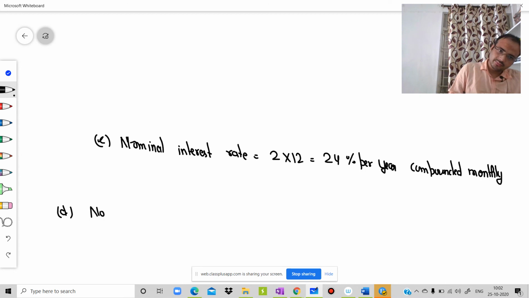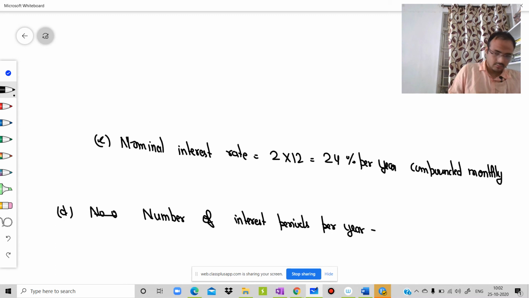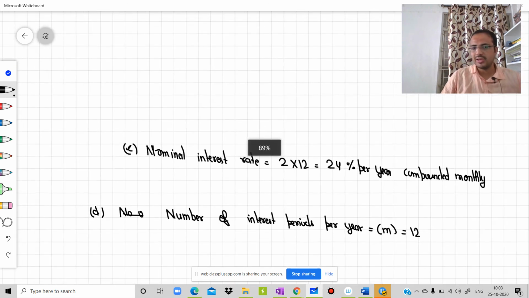And the last one: number of interest periods per year, because at the time of calculation for effective rate you need to mention it for yearly.